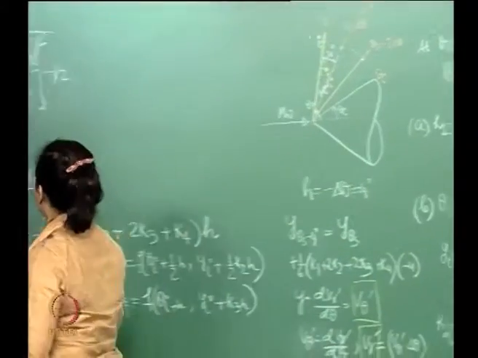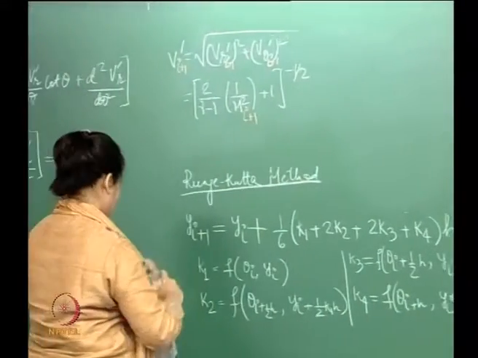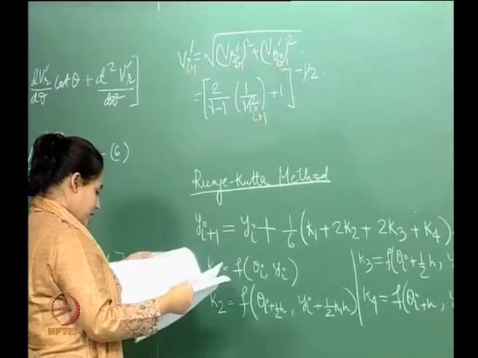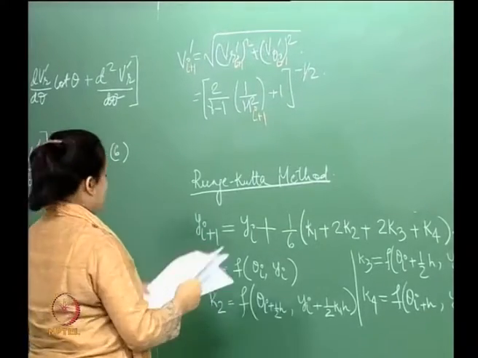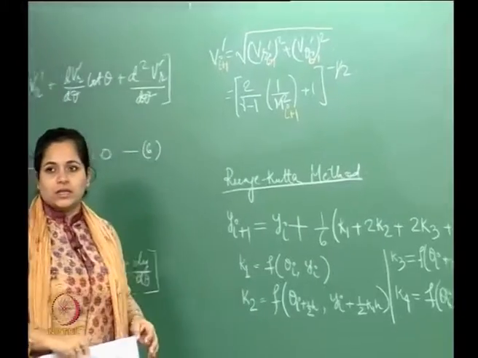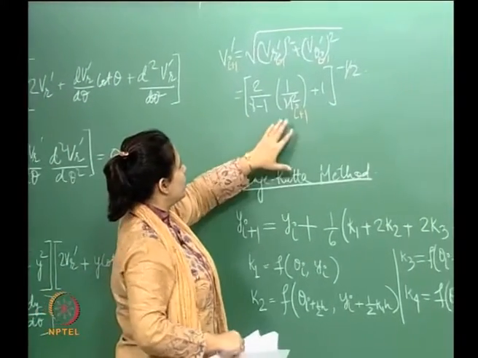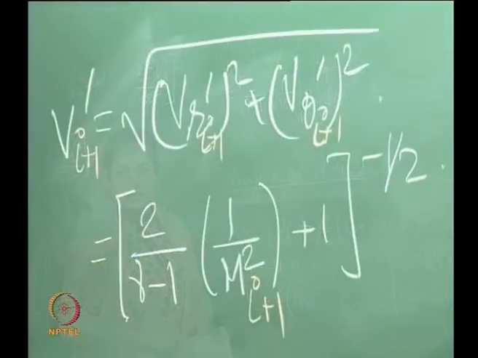Now that we have this, we can calculate all the properties, temperature, pressure, density, etc., because now we have the Mach number. That is basically the solution to this problem.